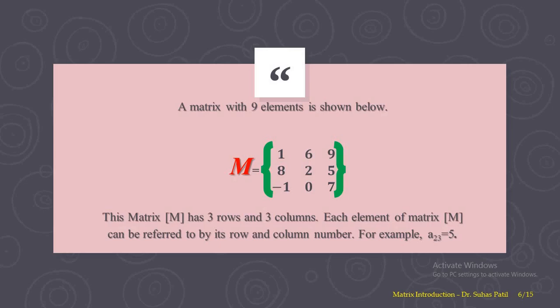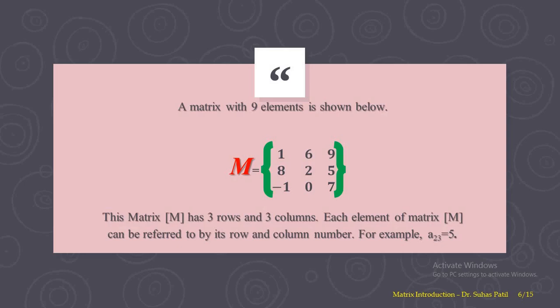So a_23 means that it is the element of the second row and third column. This matrix M has 3 rows and 3 columns.